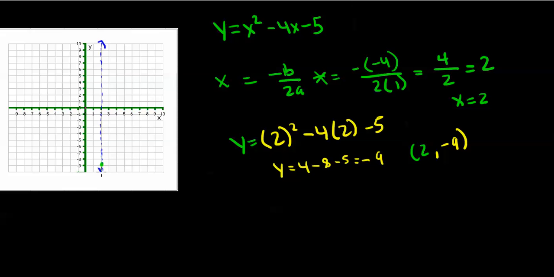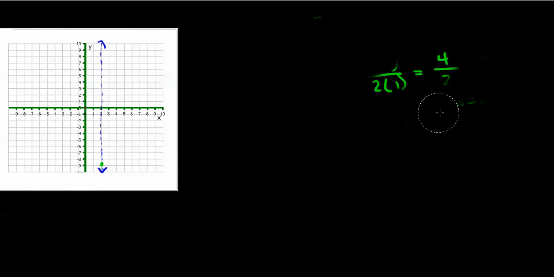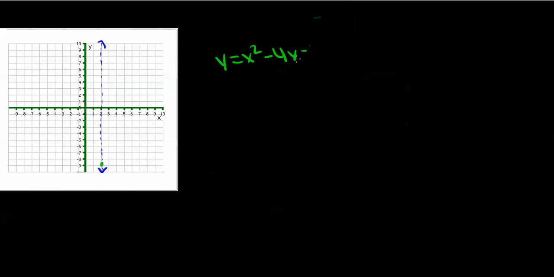Now we want to find the y-intercept, so basically where our parabola is going to intersect the y-axis. So let's rewrite our equation: y equals x squared minus 4x minus 5. Now, let's look at this equation.